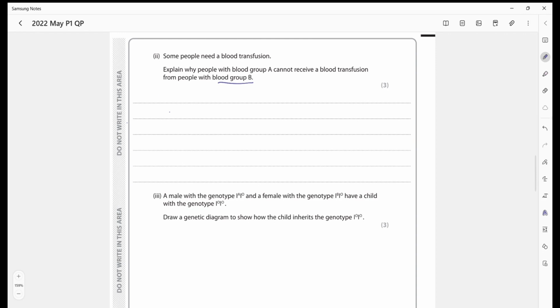So individuals with blood group B have the B antigen on their red blood cells.